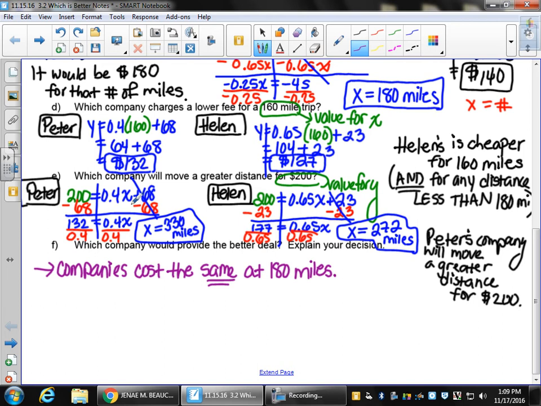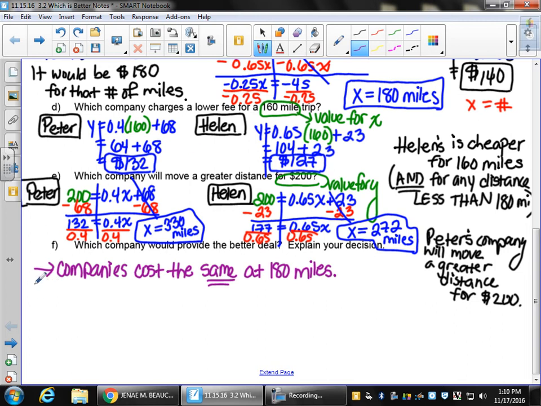Once we know when they're the same, now we know how we can approach figuring out which is better, because less than 180, one of the companies is better, and more than 180, one is better.